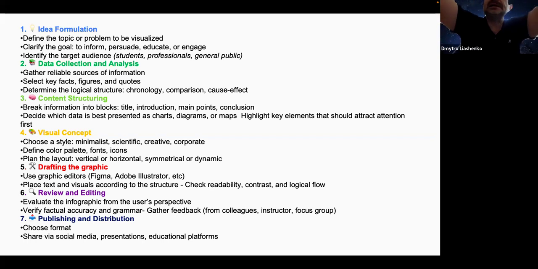The next important step is data collection and analysis, and generally speaking, data preparation. We should gather reliable sources of information, select important key facts, figures, and quotes, determine the logical structure: chronology, comparison, cause and effect.